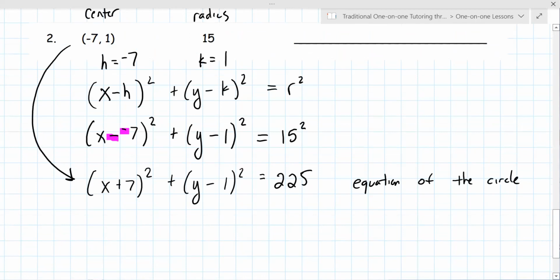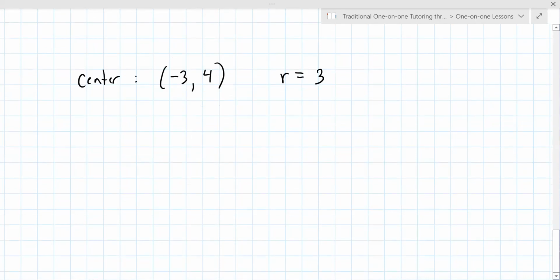Okay, so to do this problem, you should first start by writing the general form of the equation of the circle.